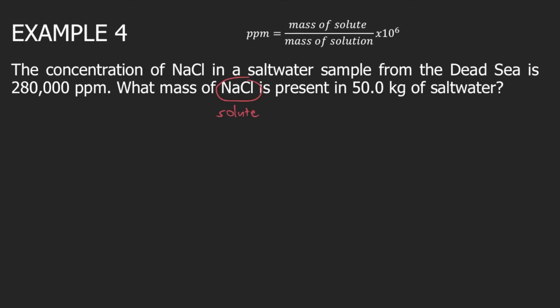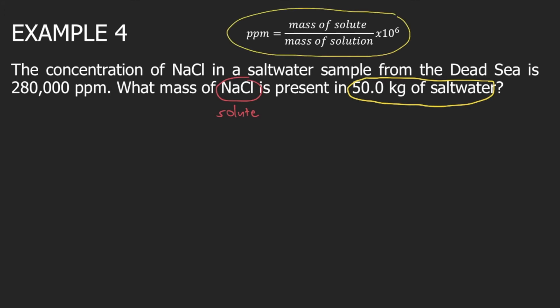And we are given the mass of solution, which is 50 kilograms of salt water. So we will use the first formula for ppm. But this time, we are given the ppm, 280,000 ppm. So you put 280,000.